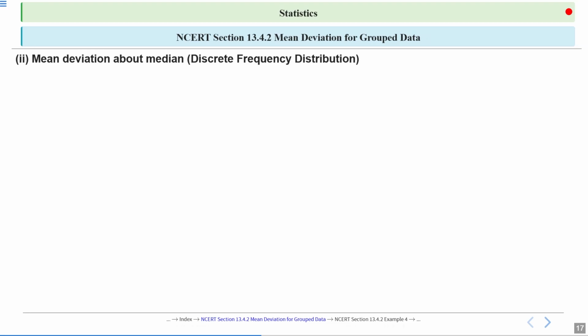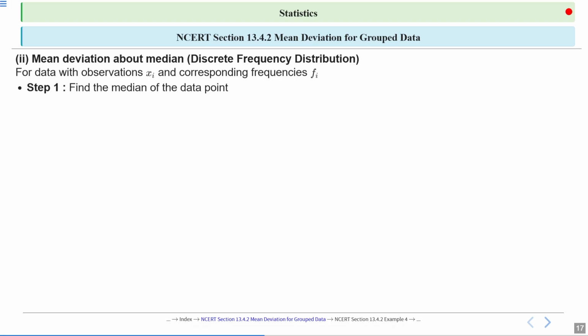Now we are going to look at how to calculate the mean deviation about the median for a discrete frequency distribution. For data with observations xi and corresponding frequencies fi, step 1 is to find the median of the dataset, and step 2 is to calculate the absolute deviation from the median for each value xi.